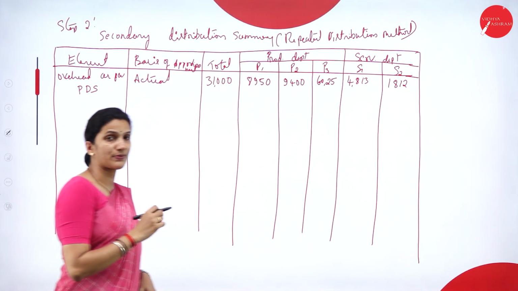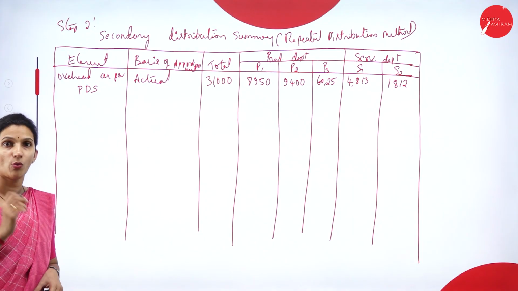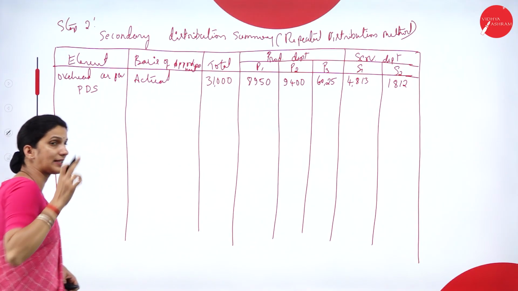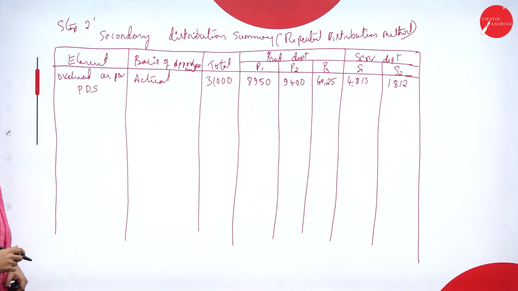So the first thing is to take the overhead as per the primary distribution summary actual, whatever the total amount we got there, and write it here.